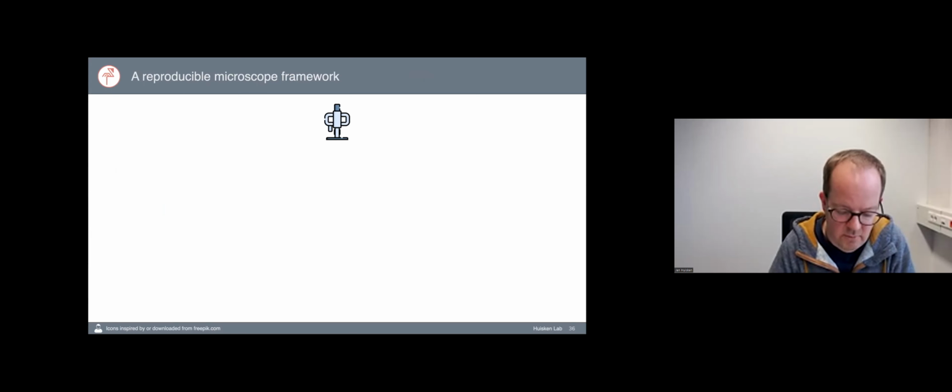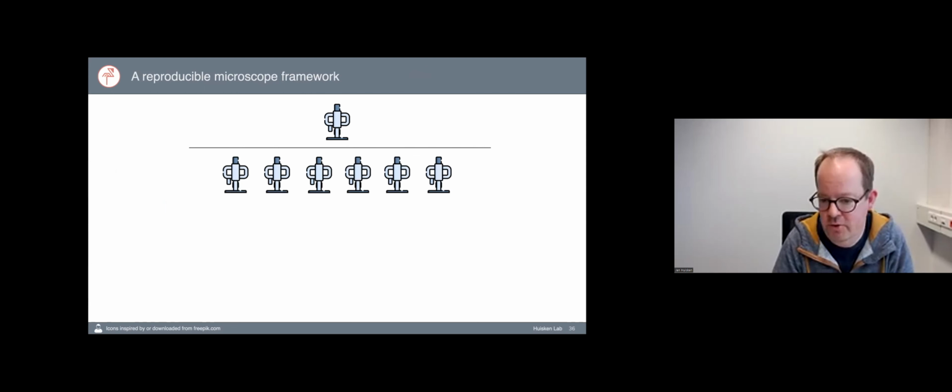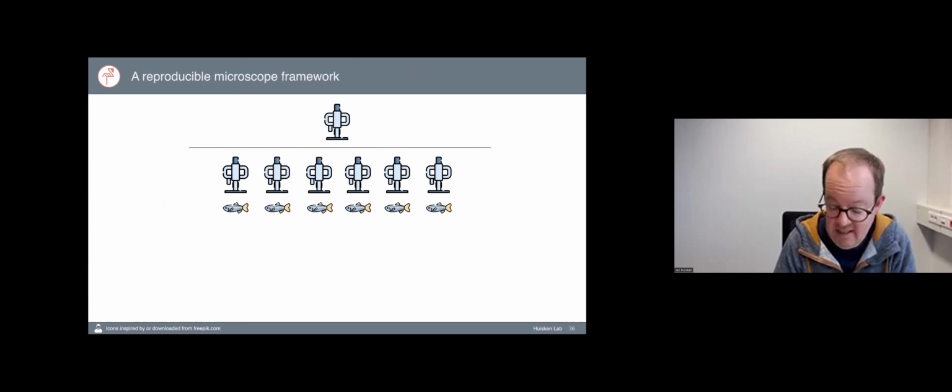So when I moved to Madison, the idea was then to design a reproducible microscope framework, something that would be easy to reproduce, something where you could say, okay, now that I've built one of these, it's easy for me to build 6 more, right? And of course, that's fantastic if you want to do a similar kind of experiment on all these different setups.